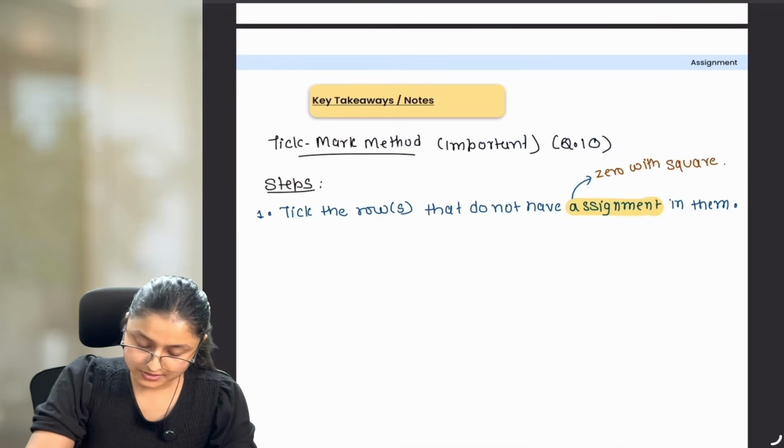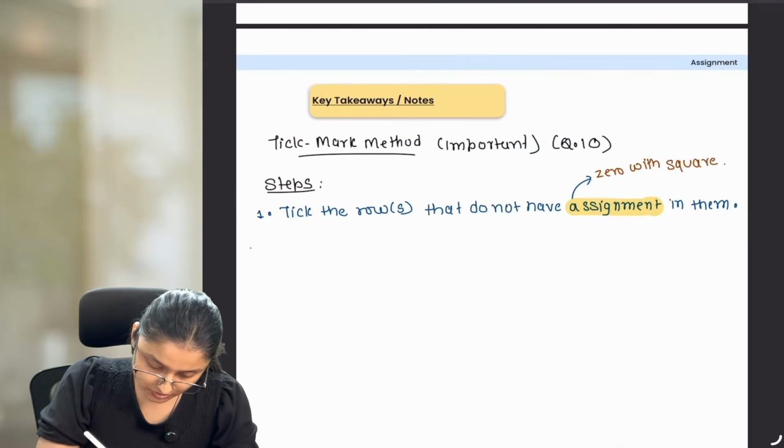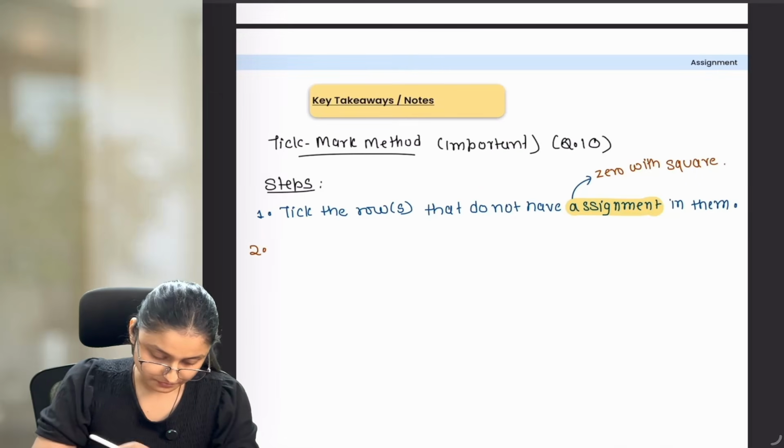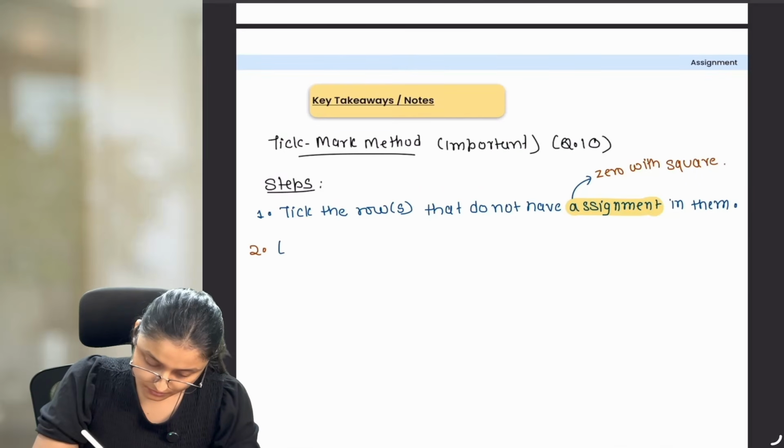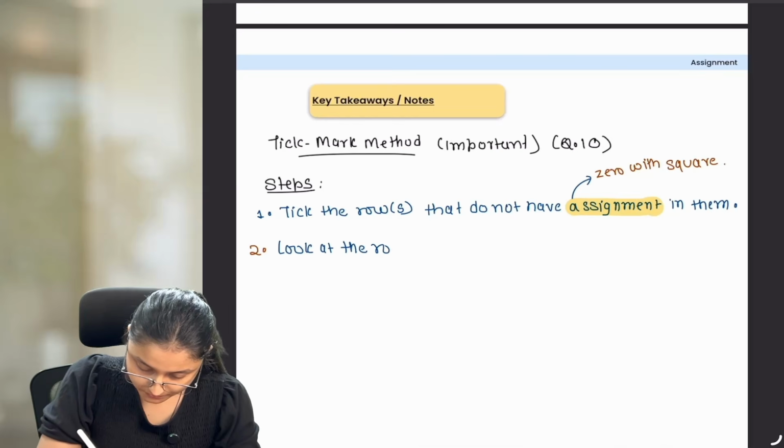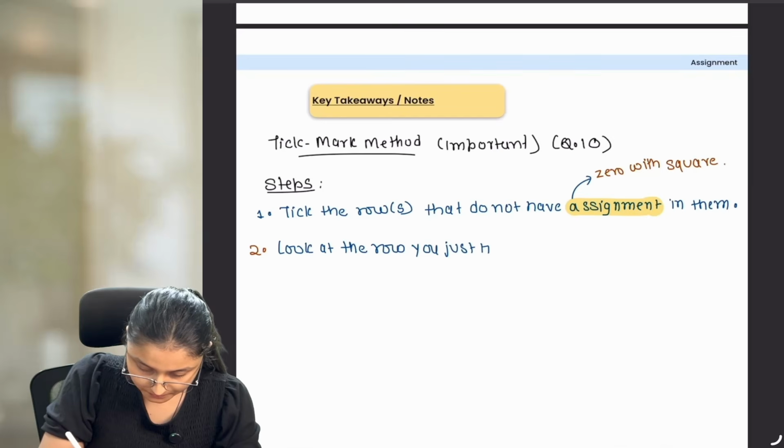Now, this is our first step. Now let's move to the second step. Look at the row you just ticked.